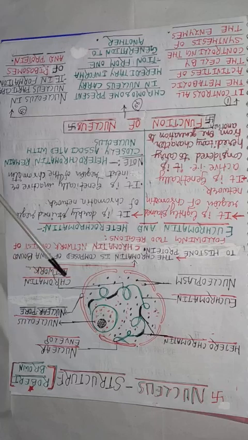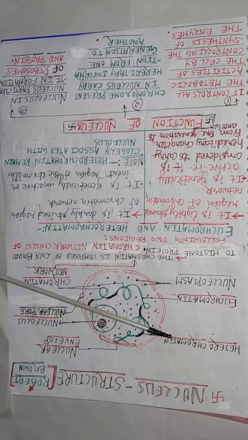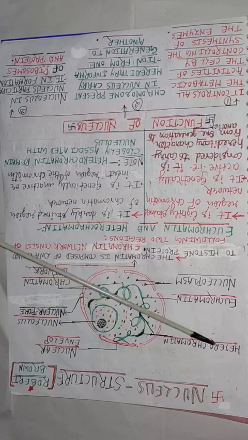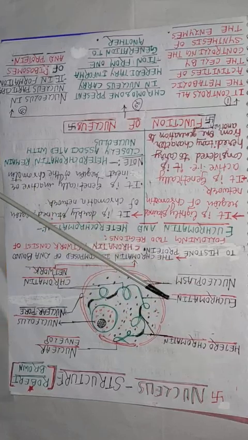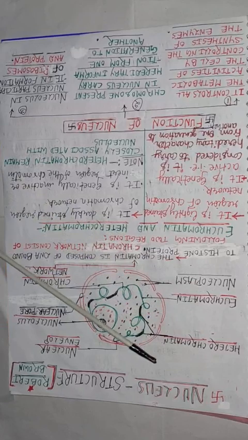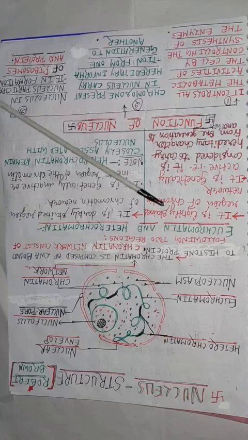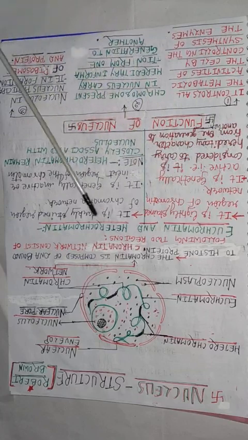Now student, when we see chromatin network in detail, it consists of two regions: heterochromatin, this darkly stained region, and this lightly stained region, this one is called euchromatin, isn't it? How do we differentiate euchromatin and heterochromatin?